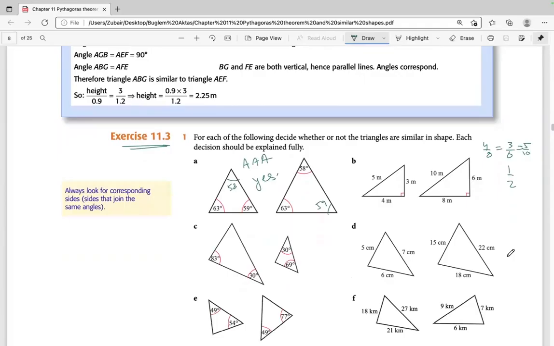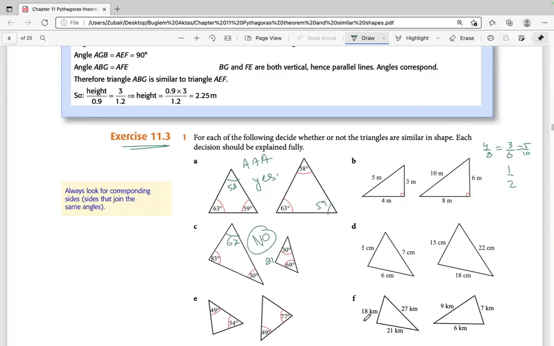C part. I'm getting 67, so no, not similar. When it is a no, we say that the angles are not equal.